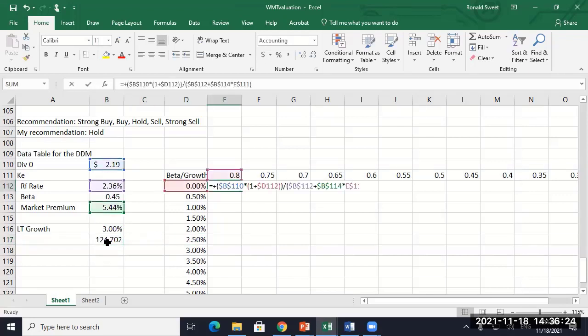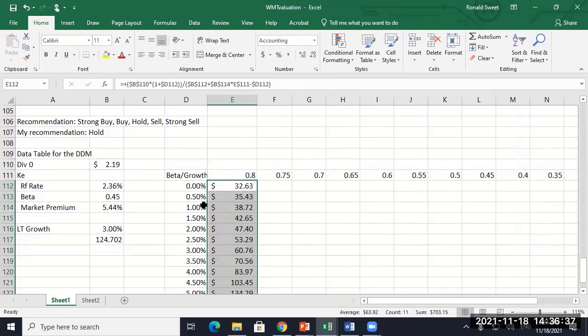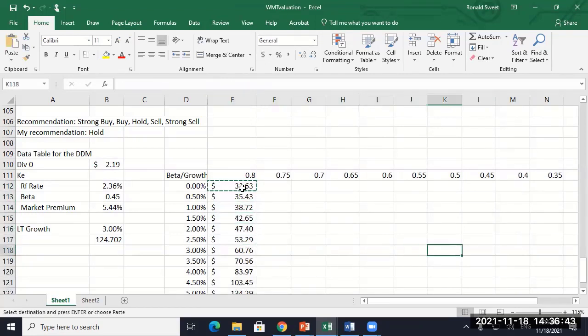Did I subtract long-term growth? I didn't, did I? So I need to subtract long-term growth, lock in that column again. It didn't matter there because it was 0. Copy that down. So what I'm looking for is that base case. Where's my base case? A beta of 0.45 and growth of 3 right there.